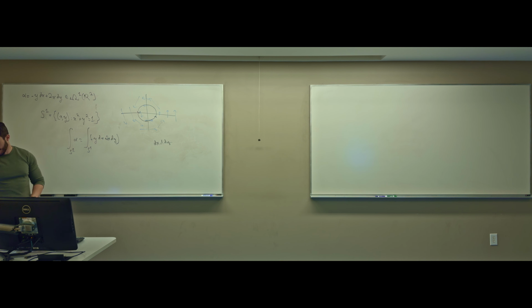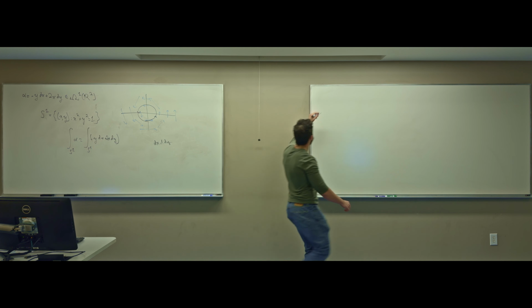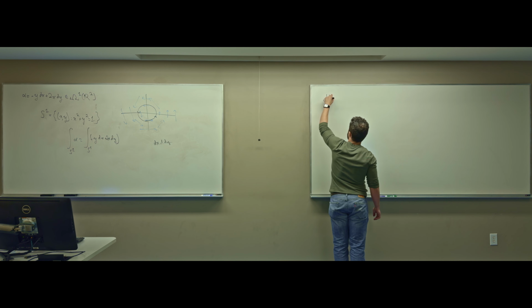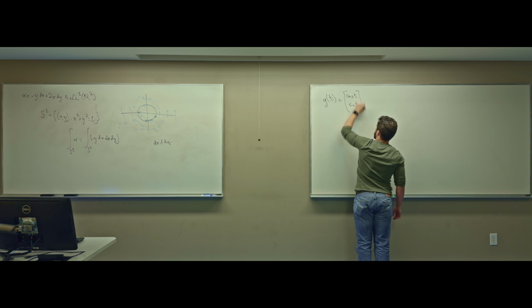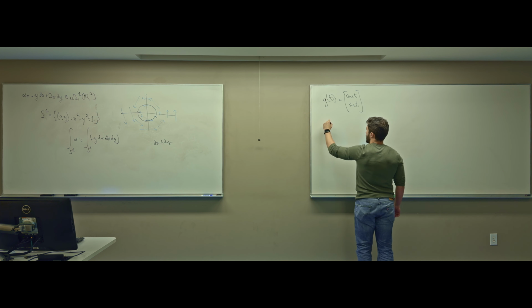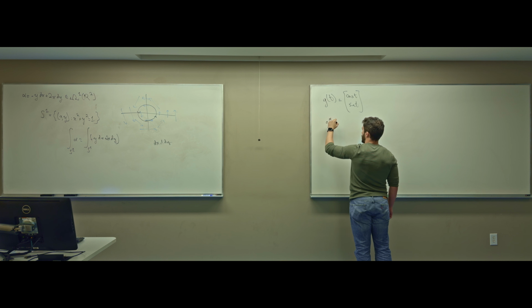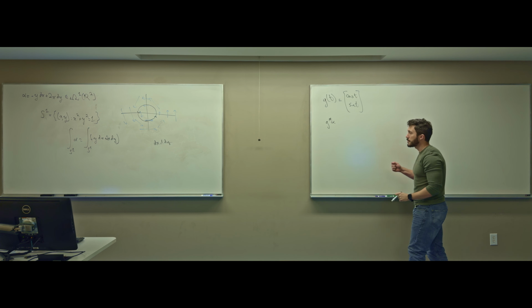Let me see the computation real quick. Okay, so we have a parameterization of the circle, g of t, and it's defined this way: cosine t, sine t. Now I'd like to define something called the pullback of the differential form alpha by g. You write g star alpha.